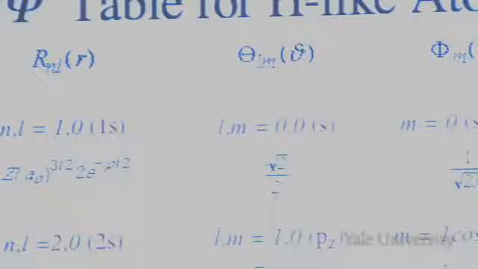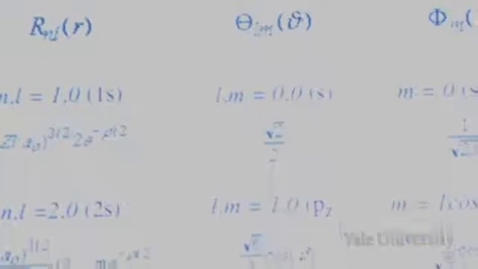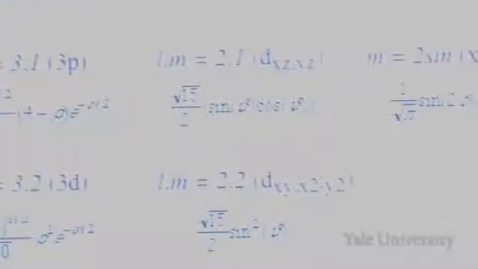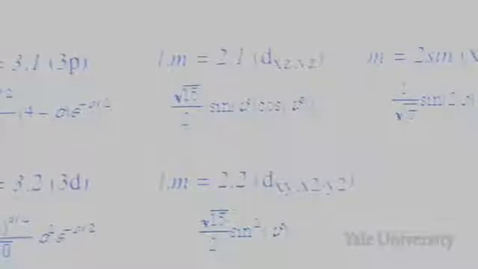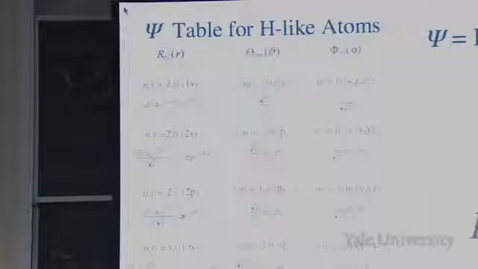For M to be non-zero, like here, you have to have an L that's greater than 0. So to get a solution, if you chose n = 1, L had to be 0, because that's the only choice here, you can't have a higher L, so M is also going to be 0. So you've got to take this times this times this.